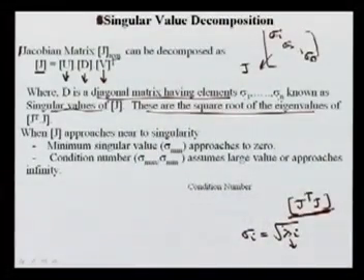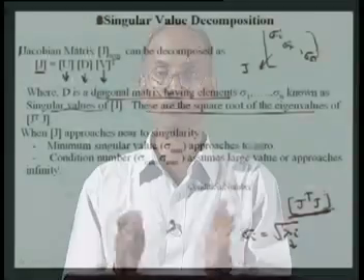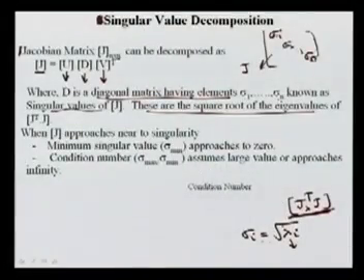This lambda I is not an eigenvalue of J, it is an eigenvalue of the combined J transpose J matrix. After that, if you take the square root, you will get the singular value, called sigma I.